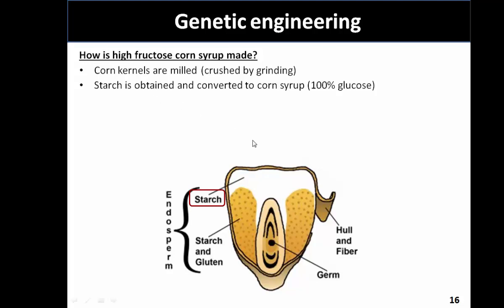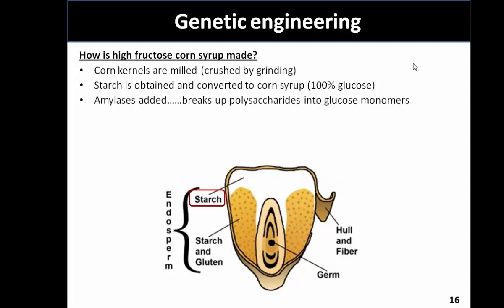Only the starch is obtained, and that starch is converted to a liquid form, which now becomes corn syrup. It's important to note here that corn syrup is made up of 100% glucose. The component of sucrose or sugar that people find desirable is not the glucose component but the fructose component.